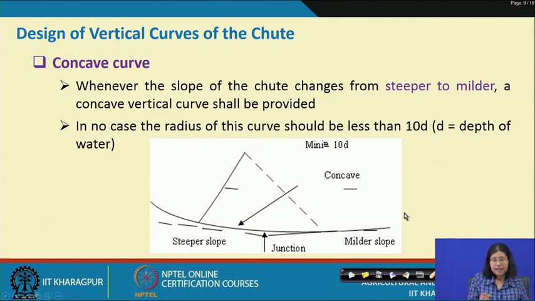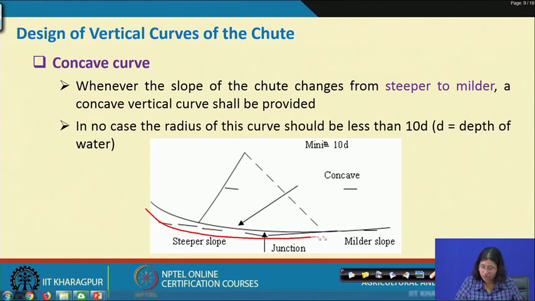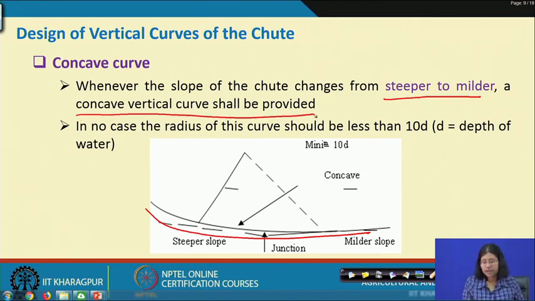Now, coming to the design of the vertical curve of the chute. This is a concave curve, so in this case a concave curve was assumed. Whenever the slope of the chute changes from steeper to milder, a concave vertical curve shall be provided. So, this is a curved surface, and this is the radius.